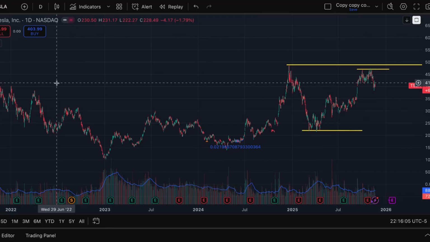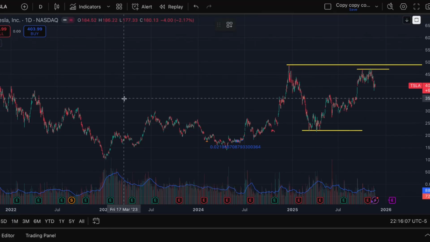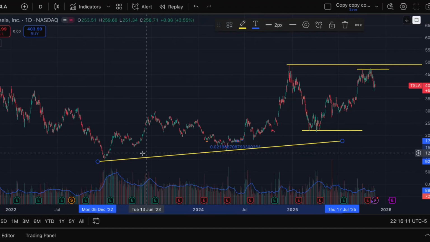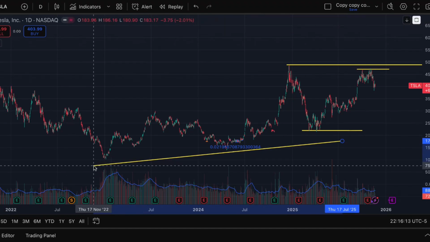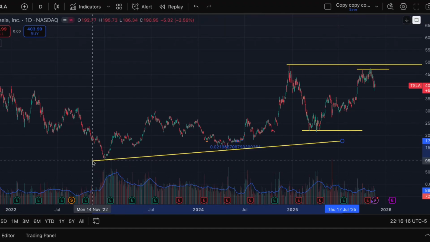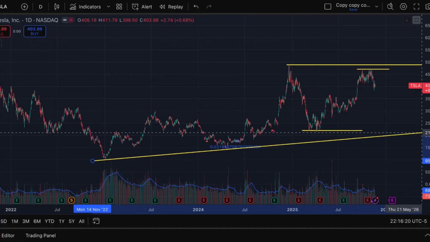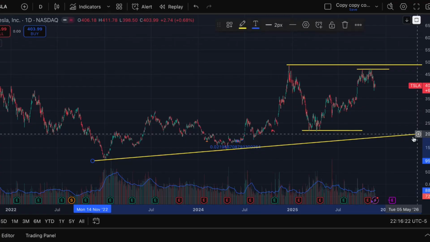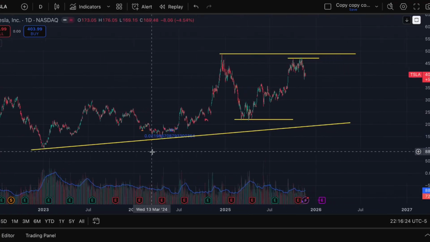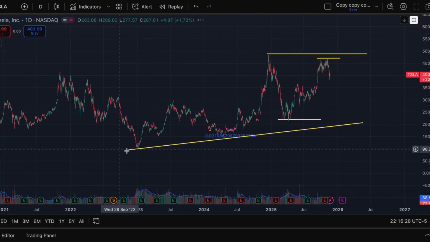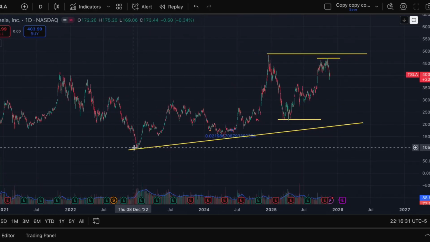So what I could do is show my long-term trend line. Actually, I might not even put it there. Yeah, I'll put it there just for the sake of the video. We can show that we are in an uptrend. You see what I'm saying? See how this line that I drew is going up.